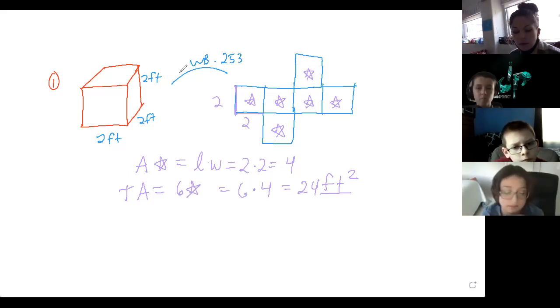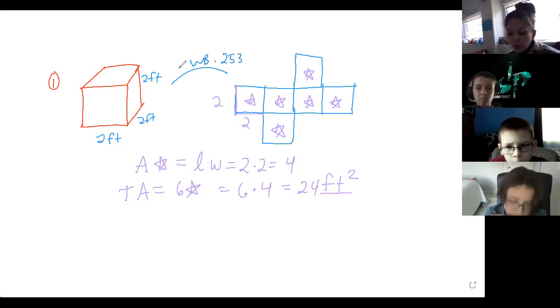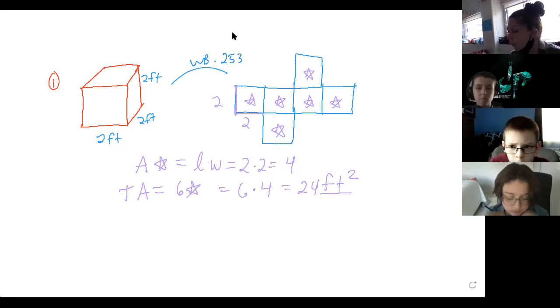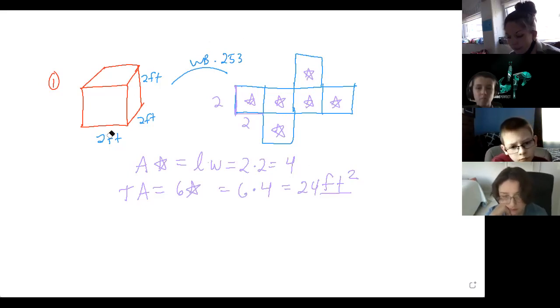Good. So number 2 and number 5 are almost exactly the same, except what? Different dimensions. So for number 2, instead of having a 2 foot here and here and here, you're going to have 0.6 and 0.6 and 0.6.